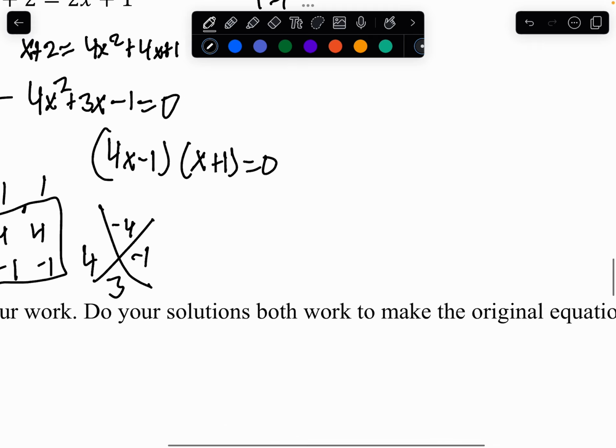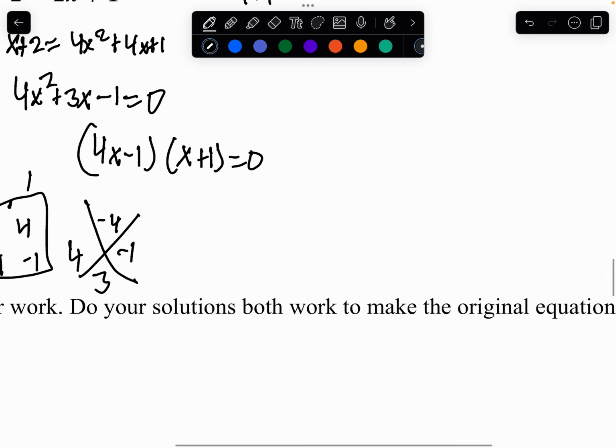Now I can figure out what x equals. So we got 4x minus 1 equals 0, and x plus 1 equals 0.